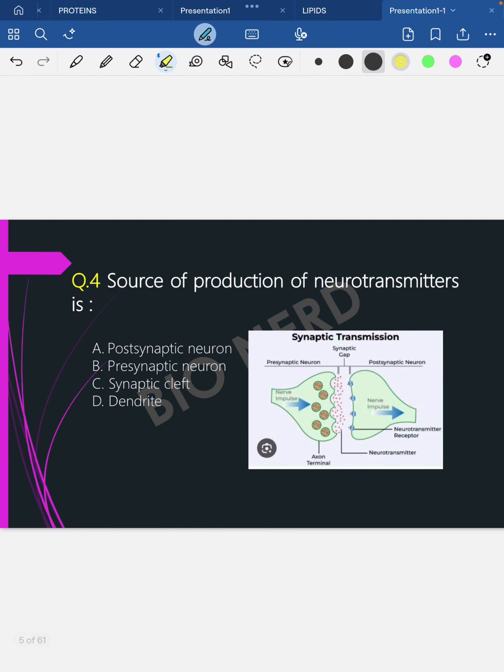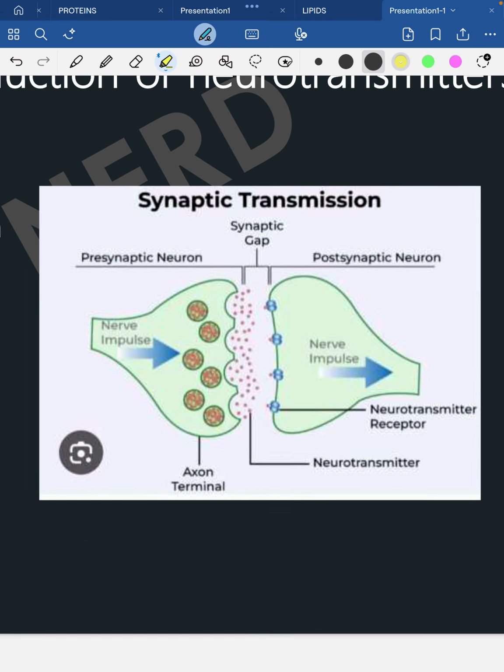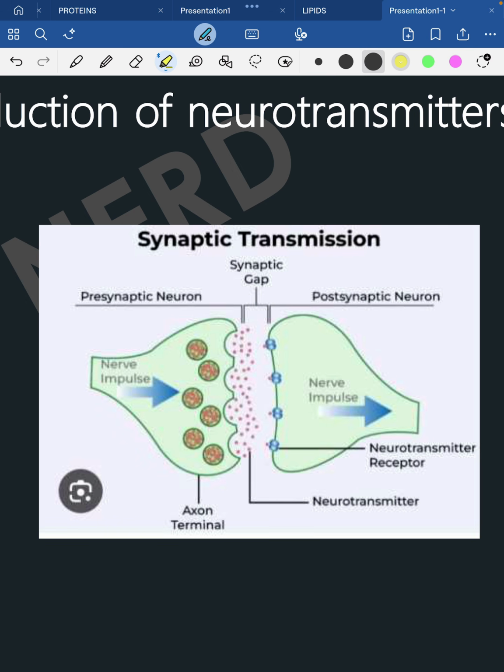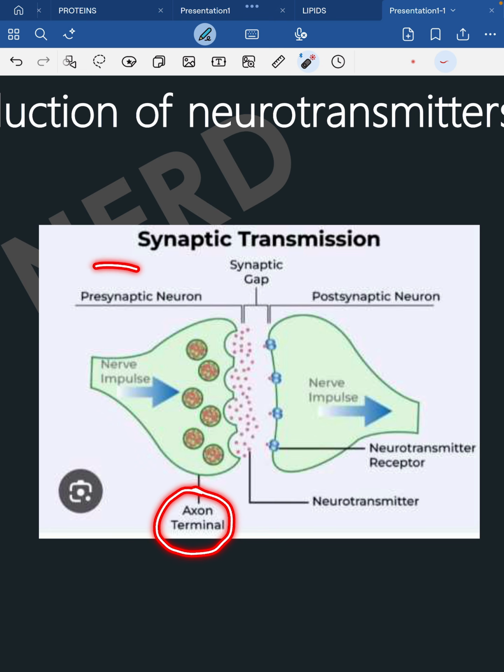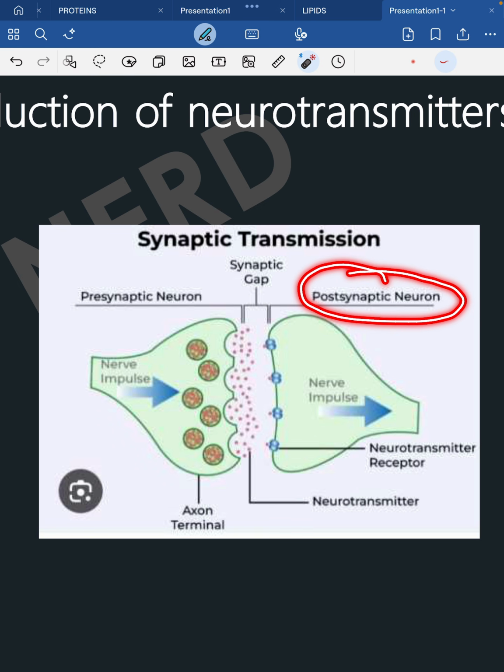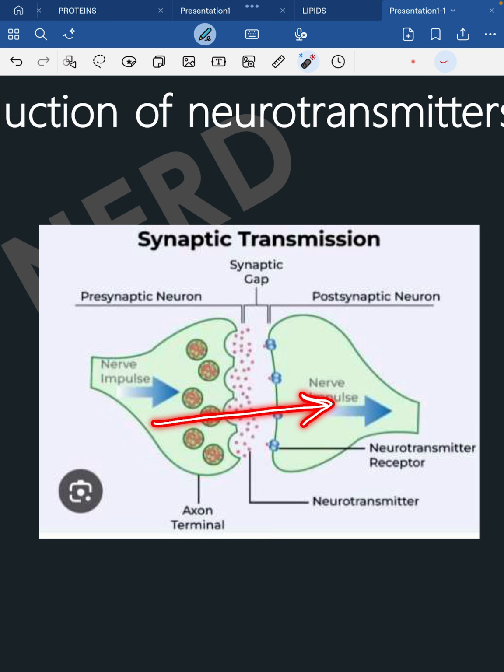Question number 4. Source of production of neurotransmitter is. Okay, recall the topic of synapse. You know very well, the axon terminal is known as presynaptic terminal, and dendrite is known as the postsynaptic terminal. Why? Because nerve impulse always travels from axon to dendrite.